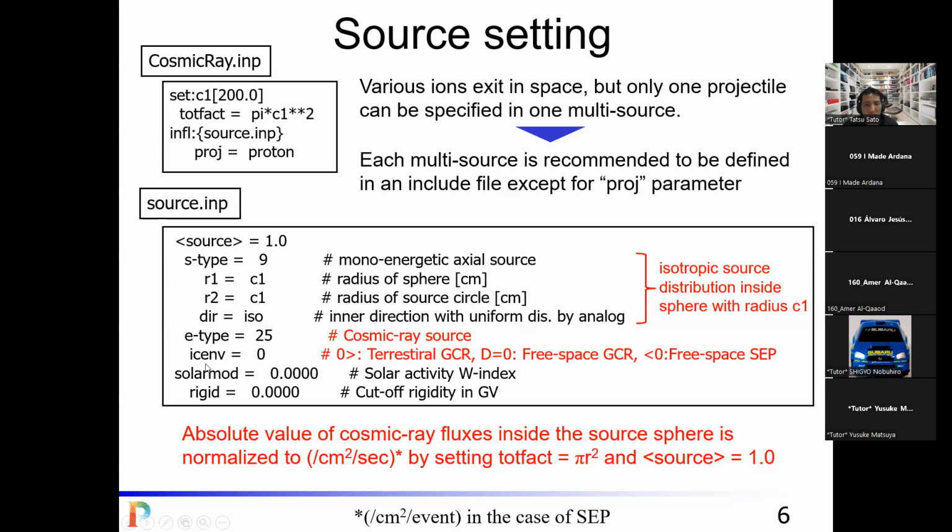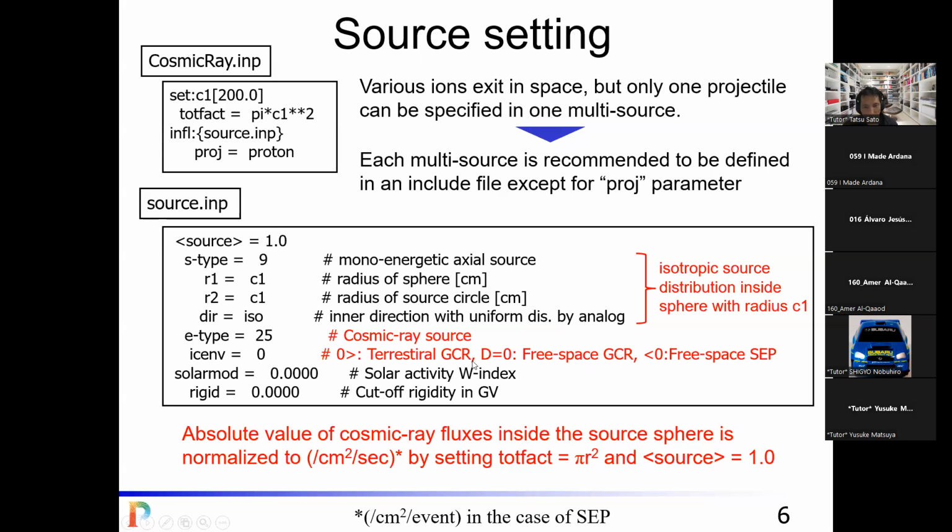And ICE EMV, this is the cosmic ray environment parameter, and this defines the type of cosmic rays. 0 is free space galactic cosmic ray. Free space means outside the magnetosphere, so in real space.